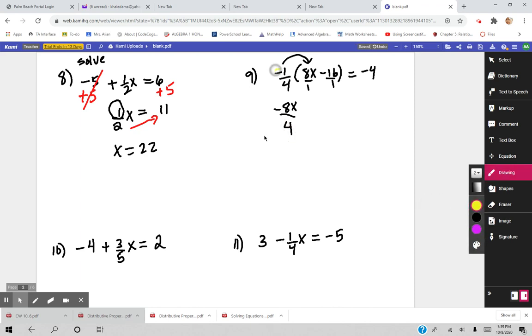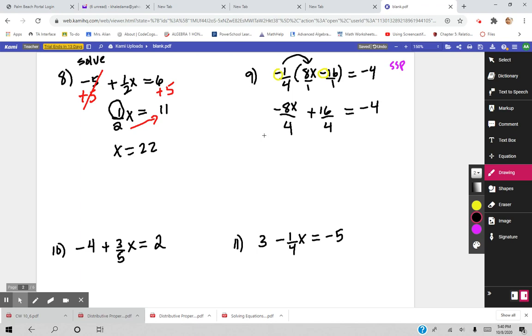You have a minus here and a minus here. You're multiplying two numbers with the same sign. This is SSP, same sign, positive. So this is going to give us a plus 16 over 4. 1 times 16 is 16. 4 times 1 is 4.